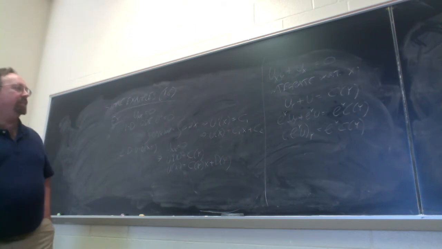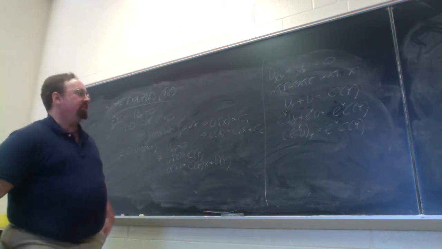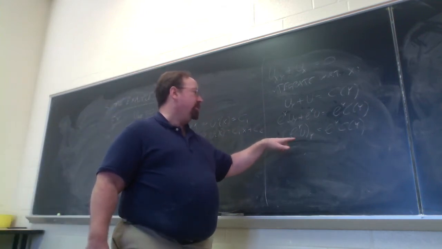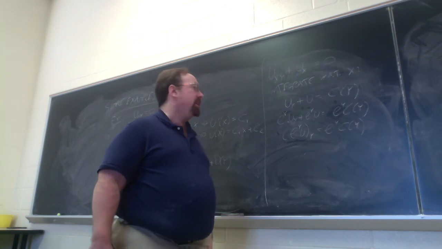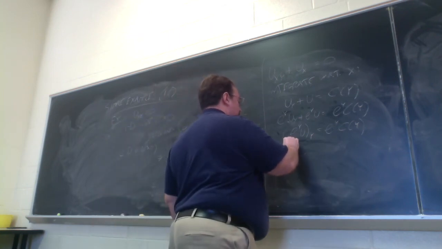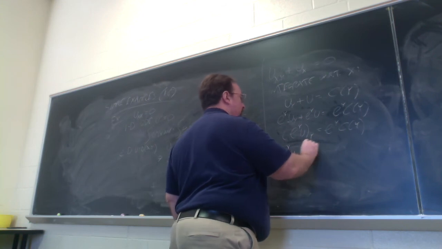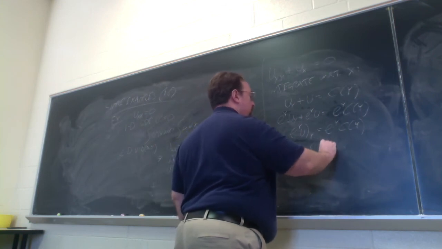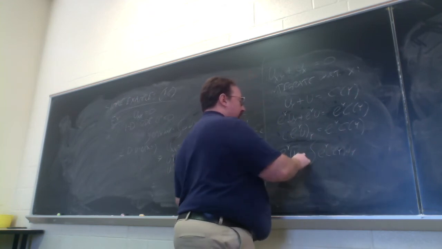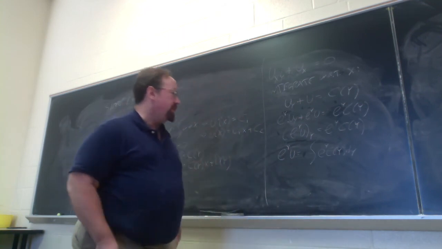What should we do now? Because the idea is this is a product rule in reverse, so this is the derivative of this whole thing with respect to y. Now you integrate with respect to y, so you get e to the y u is equal to the integral of e to the y c of y dy. And this is still written as an integral, so we don't have to change anything yet.